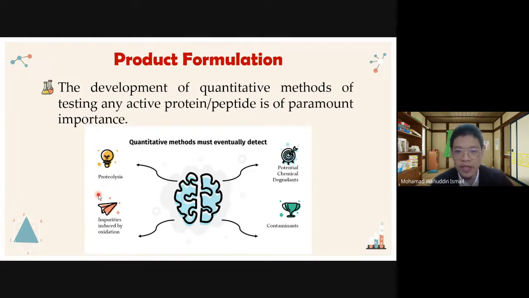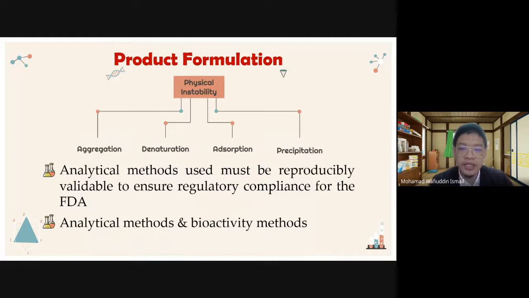These are quantitative methods that eventually detect potential chemical degradants and some kind of contaminants. And then the physical instability: the type of aggregation that can occur, denaturation, adsorption, and precipitation within our formulation. We can say this is the final product of our formulation before we put it in the market, or before we give it to the patient.